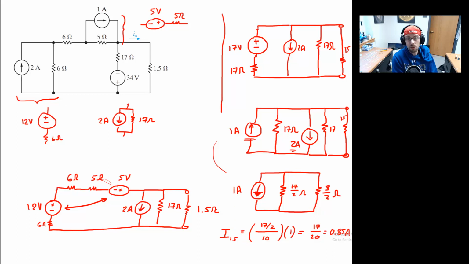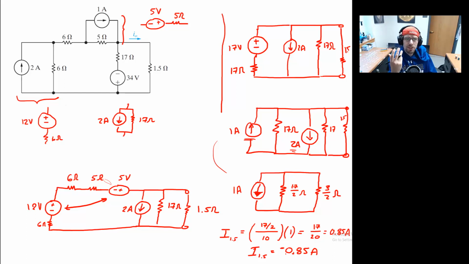So technically we should put a negative sign in because it's in the opposite direction of what the specified direction was. So I'll say that I in the 1.5 ohm resistor, the final answer I'll have as negative 0.85 A. The negative sign coming into play because it's actually from bottom to top, not top to bottom.